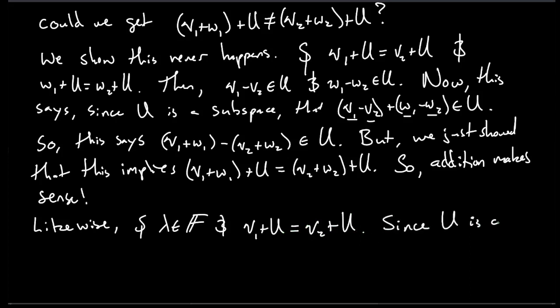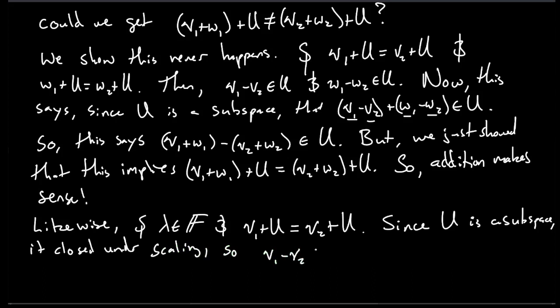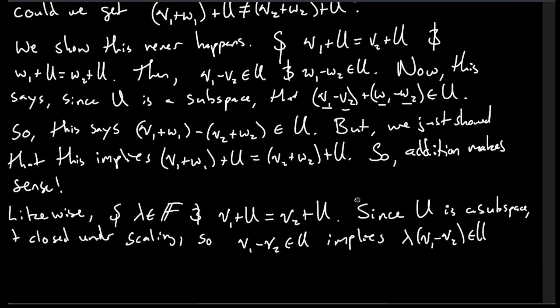Since u is a subspace, it is closed under scaling. So v1 minus v2 in u implies that lambda times (v1 minus v2) is in u.